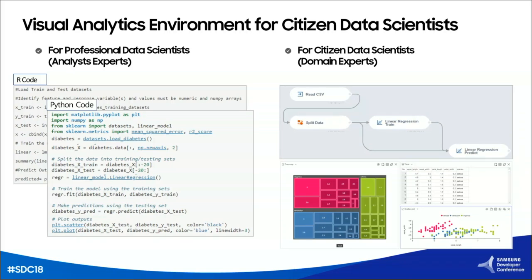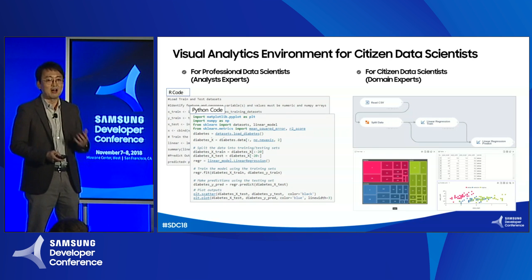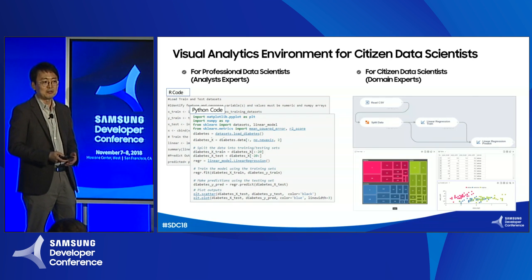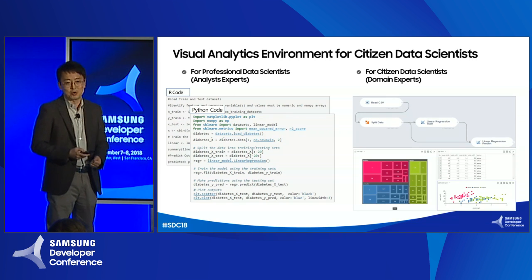And the second trend is visual analytics environments for citizen data scientists. If you are a data scientist, then you are on your left side. You know how to do R and Python coding. Then if you attack a machine learning project, you start writing your Python code here.